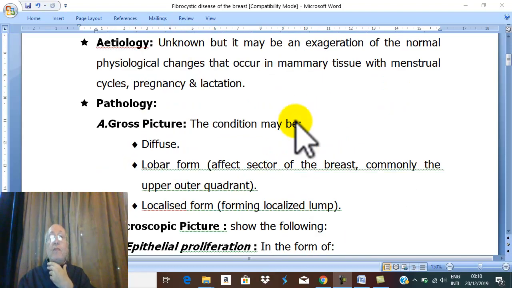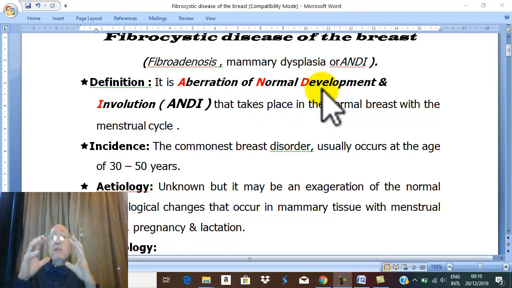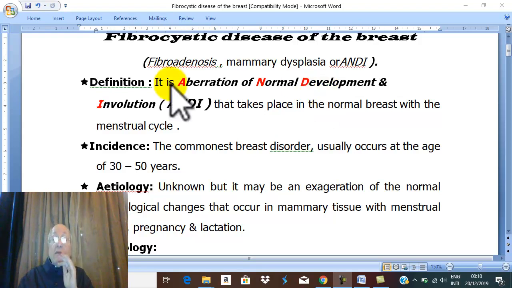What is ANDI? The definition of this disease is aberration of normal development and involution. Aberration here means exaggeration of the normal development of the breast which occurs at the last week of the menstrual cycle, when the hormones reach their maximum level, and involution of the breast.